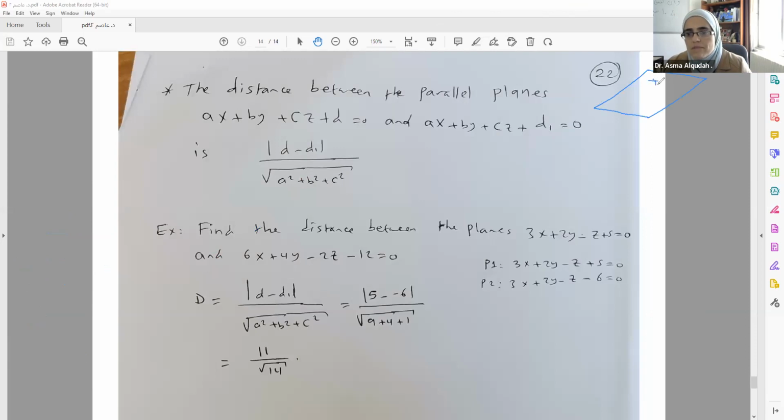This is plane pi 1, and the other plane is plane pi 2. We want to find the distance between these two planes, the normal distance.